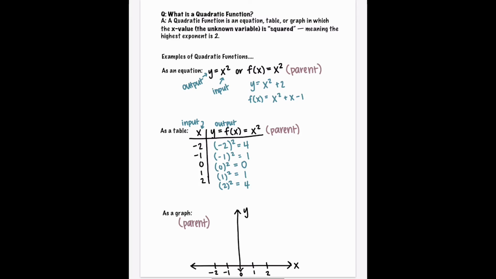I'm going to remind you again that x is your input and y is what you get out. So when x was negative 2, we got positive 4 as the output. So I'm going to label 1, 2, 3, 4.